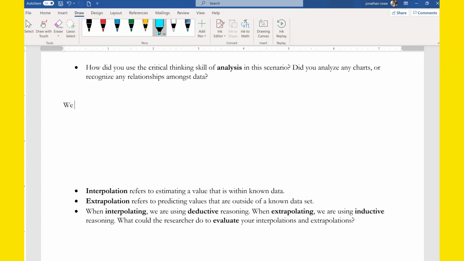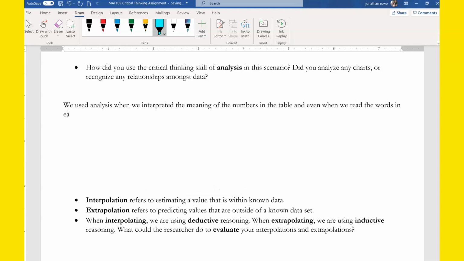So we used analysis when we interpreted the numbers in the table, let's say we interpreted the meaning of the numbers in the table, and even when we read the words in each of the descriptions and tasks we were given in this assignment.